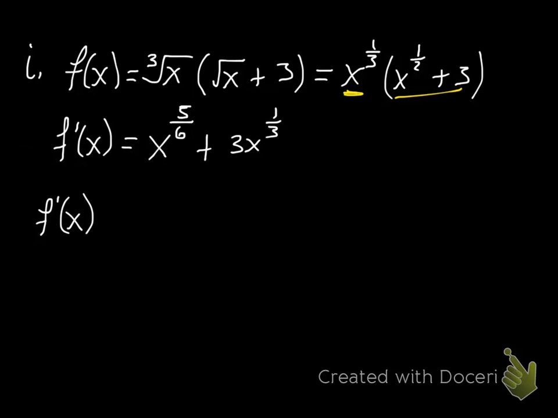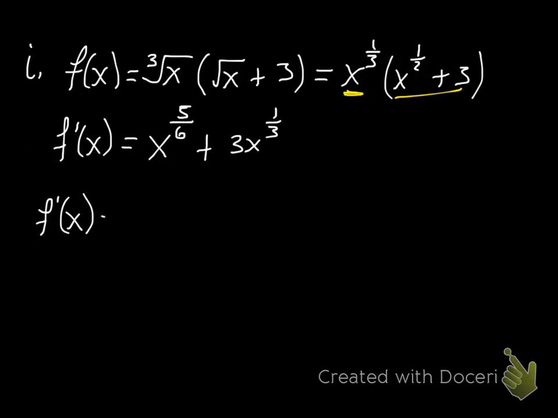I was just asked to take the derivative, and it would probably be easier to just distribute that x to the 1/3 through. So that's what ends up happening here. 1/3 plus 1/2 is 5/6 if we find a common denominator, and then x to the 1/3 times 3 is 3x to the 1/3.